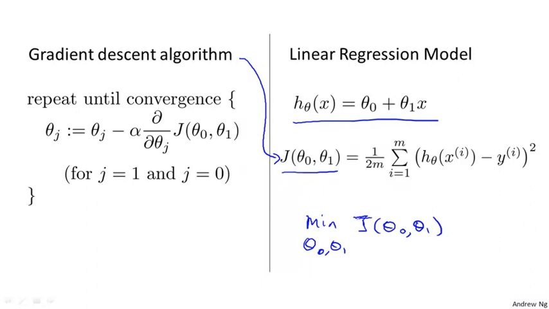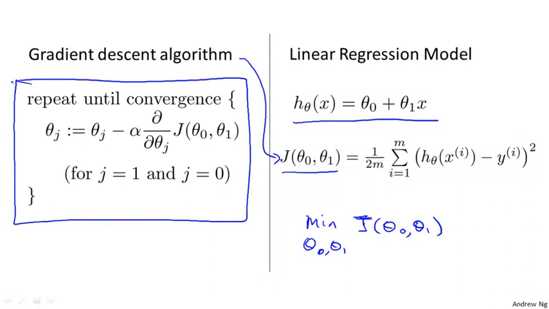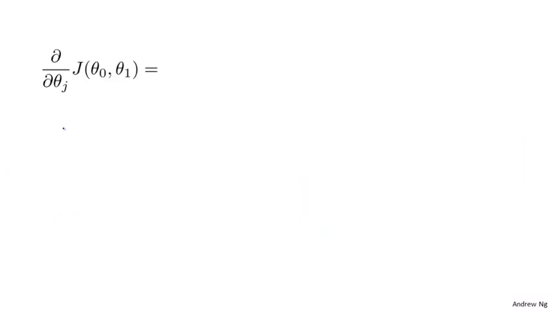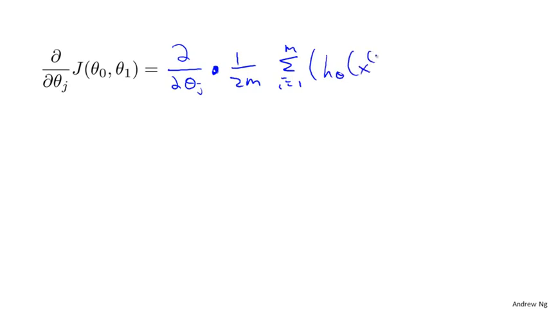Now, in order to apply gradient descent, in order to write this piece of code, the key term we need is this derivative term over here. So we need to figure out what this partial derivative term is, and plugging in the definition of the cost function J, this turns out to be this: sum from i equals 1 through m of this squared error cost function term.